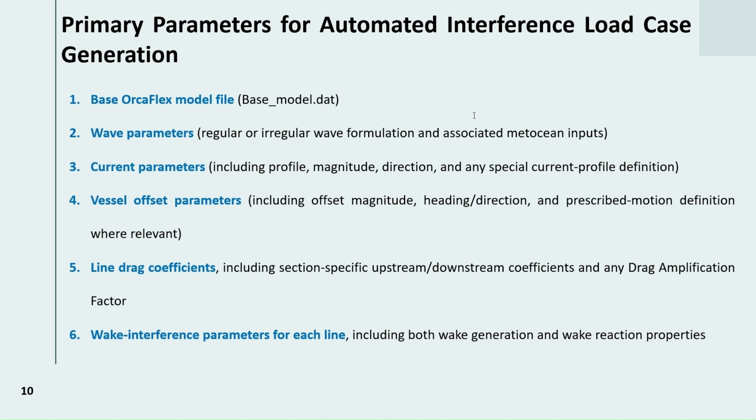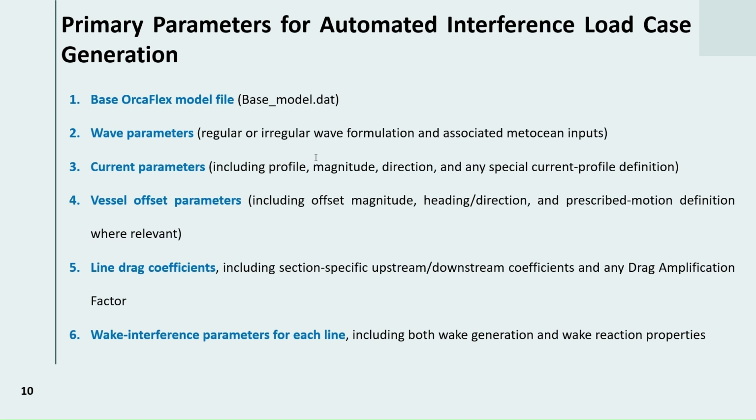These are what I call the primary parameters for automated interference load case generation. They include the base OrcaFlex model file, wave parameters, current parameters, vessel offset parameters, line drag coefficients, and wake interference parameters.